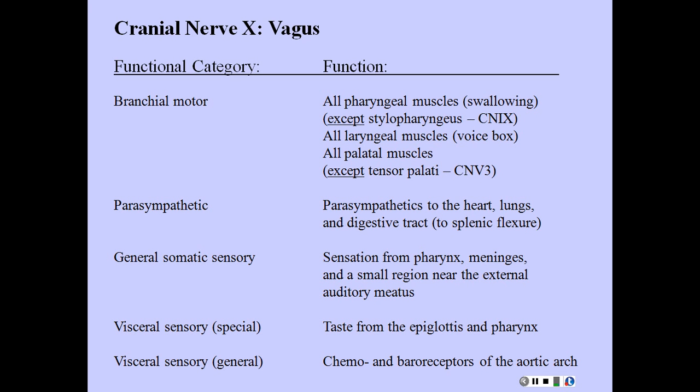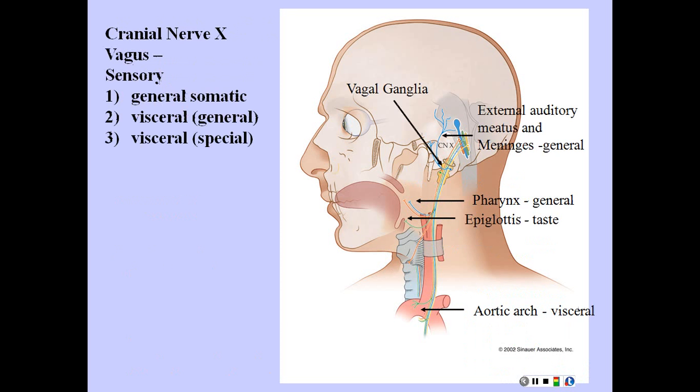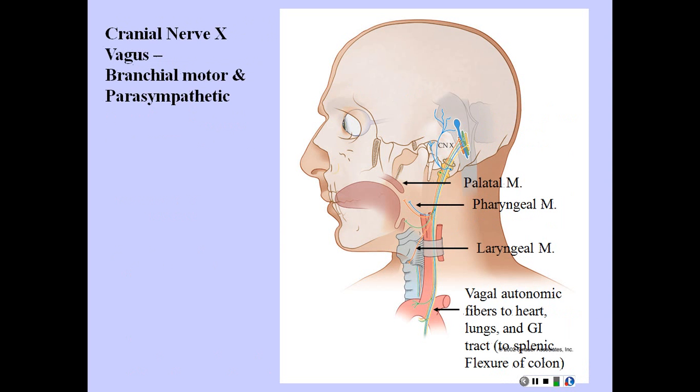And then finally, as much as we have these chemoreceptors and baroreceptors on the carotid bodies and sinuses, we also have them on the arch of the aorta. Because vagus is going down there anyway, it picks up more of this chemo and baroreceptive information from arterial blood to share with the central nervous system.